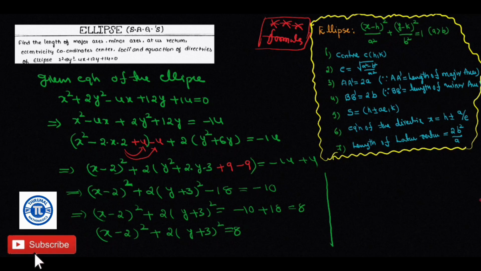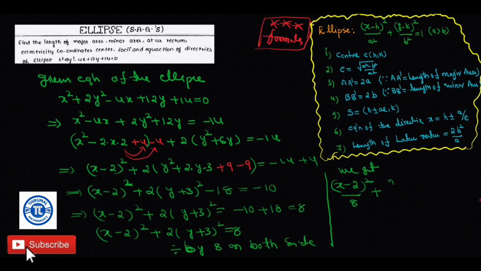Now divide by 8 on both sides. Then we get x minus 2 whole square by 8 plus 2 of y plus 3 whole square by 8 is equal to 8 by 8, which cancels to 1.